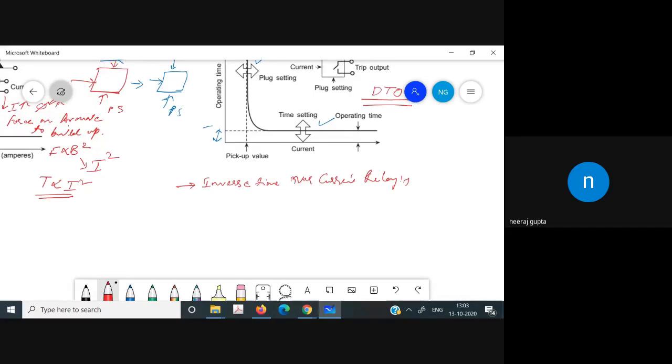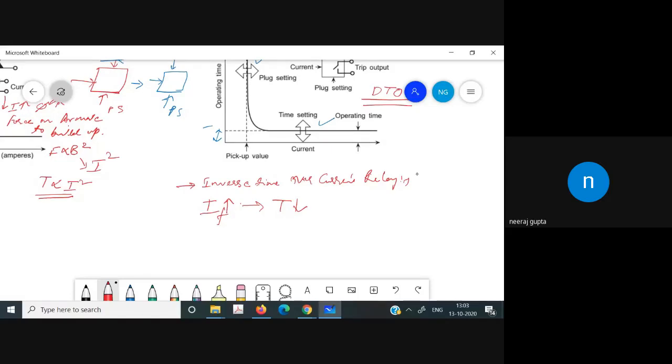Inverse time characteristics fit very well in this type of relay, in which the more severe the fault current, the faster it is cleared, meaning the time is reduced. So that's the name.